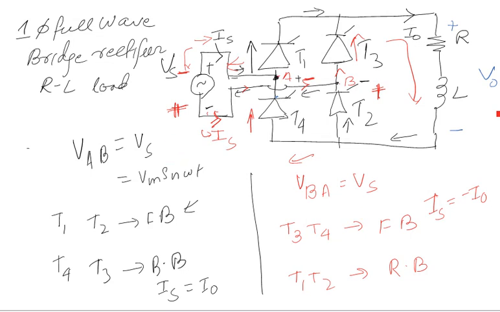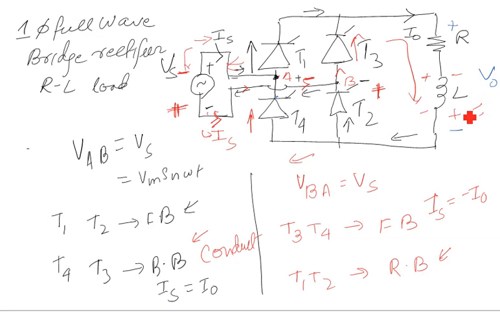But because of the inductive load, those SCRs that are reverse biased, like here T4 and T3, and in this cycle T1 and T2, they may conduct, depending upon the capacity of your inductor. The inductor stores charges in this polarity, but it discharges like this.